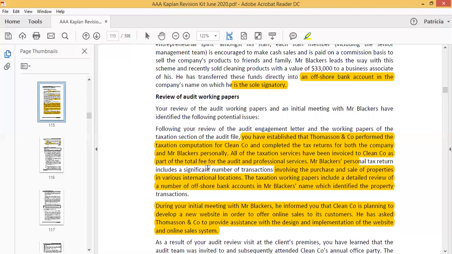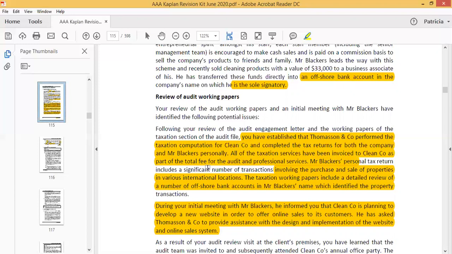So this could be an indicator of money laundering. As we can see, there are so many significant transactions involving the purchase and sale of properties in international locations. So that part you have just identified, right? You've identified the indicator, but you have to explain why.